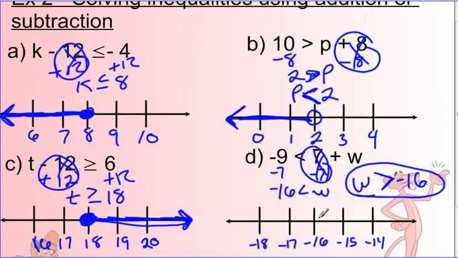We need a hollow dot because there's no or equal to. Negative 16 is not an answer to this inequality. And we need to shade greater than, greater than. It looks like an arrowhead pointing to the right. We shade to the right. And that is the answer for letter D.